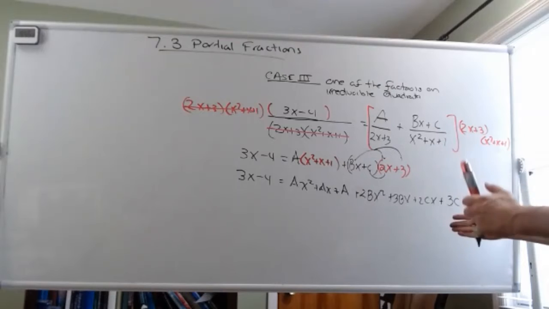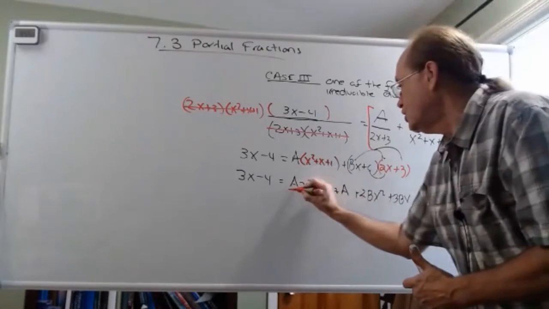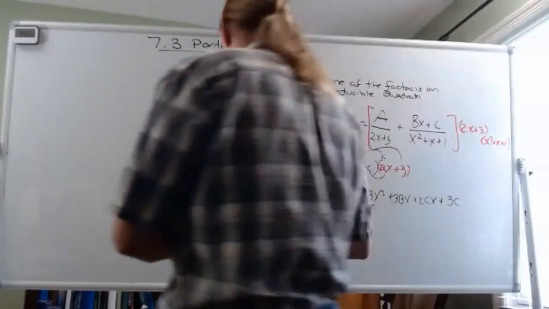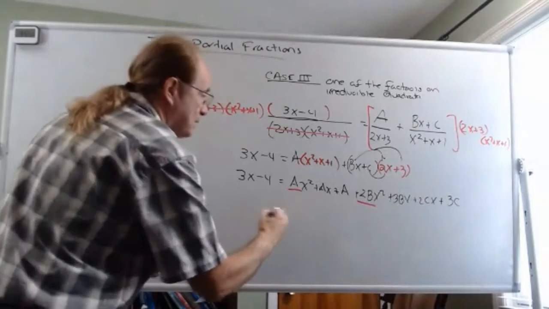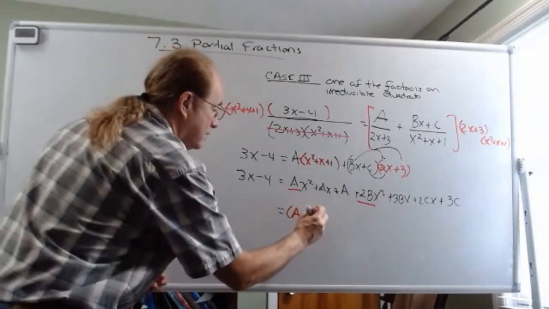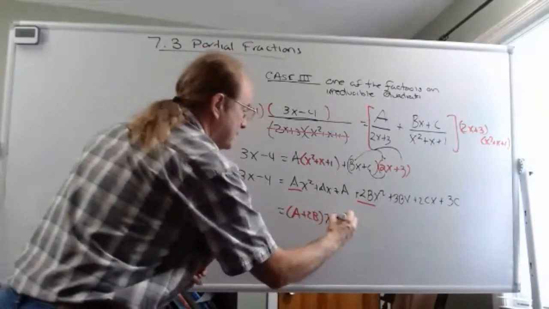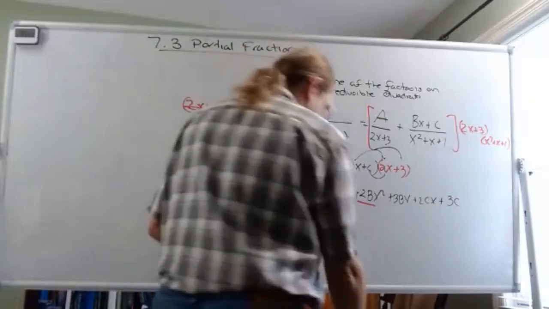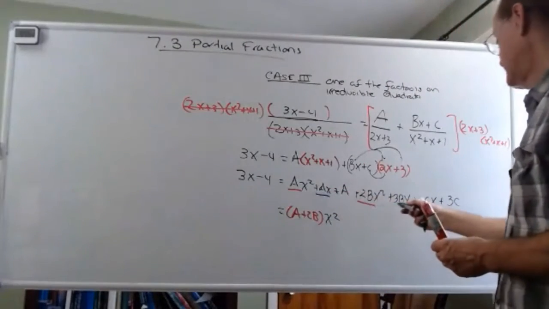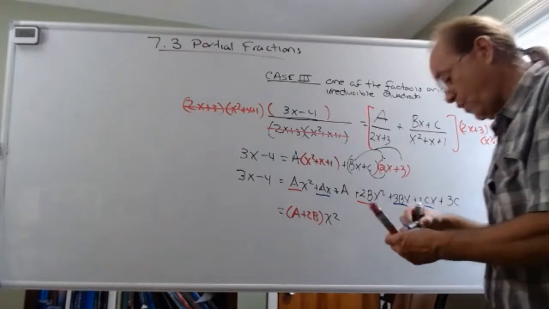Let's combine the like terms. I see two x squared terms, so let's put them together on the right-hand side. That gives me (A plus 2B) times x squared, just taking the coefficients. Then I also have some x terms over here. There's an x, there's an x, and there's an x, so I can combine all those together.